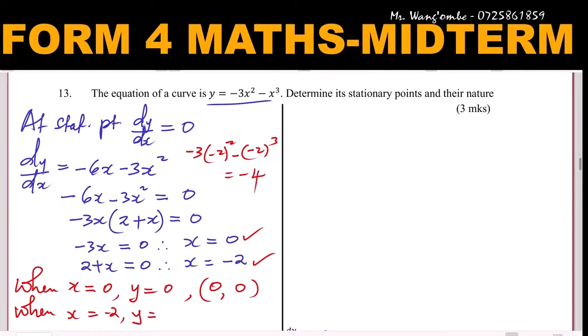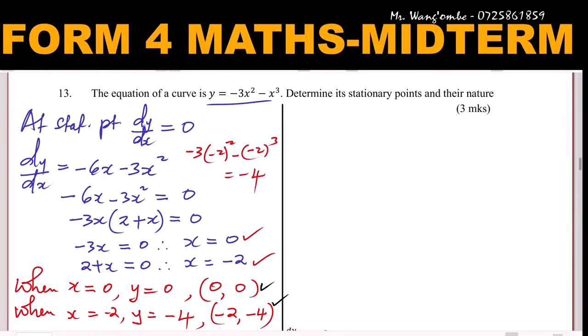So when x is negative 2, y is negative 4. So the other stationary point will be (negative 2, negative 4). So these are the two stationary points: (0, 0) and (negative 2, negative 4).